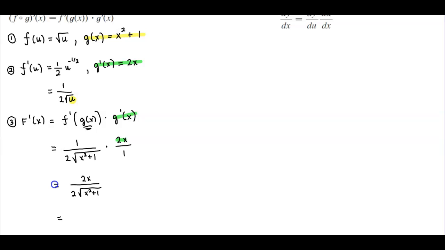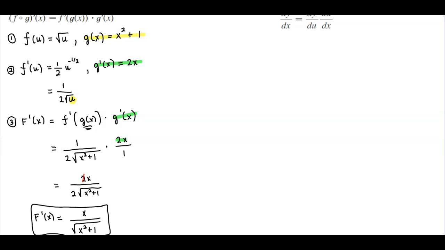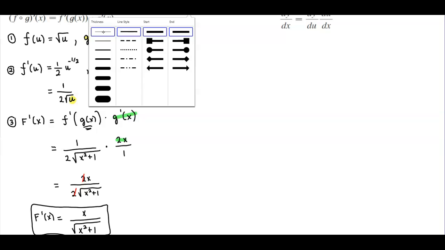And so we end up with x divided by the square root of x squared plus 1. And so therefore f prime of x is equal to the following. Again, that's because we can simplify the 2's here. Okay, so that's the first solution.